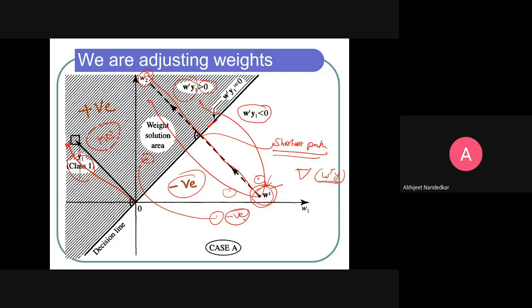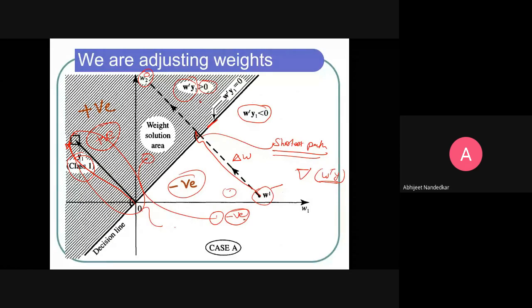So we add a small portion of that vector to the weight vector. It means it will move from this position to the next position when I add delta W. What is delta W? Delta W is this vector, a small component. How will I get it?